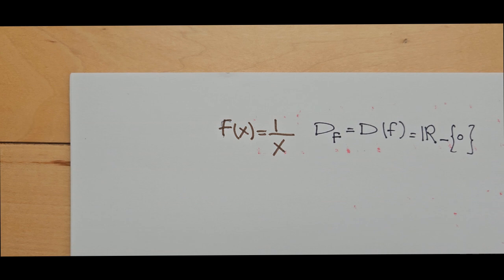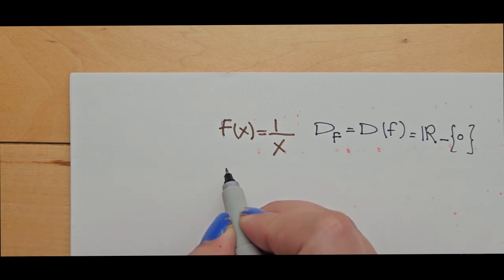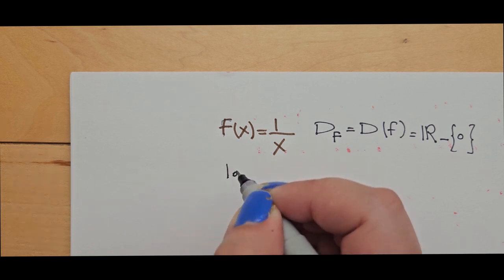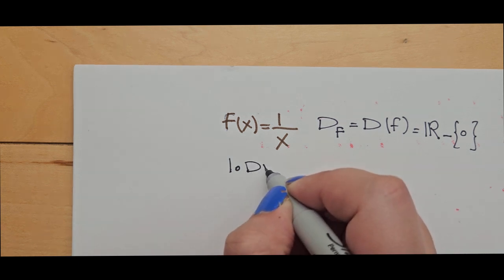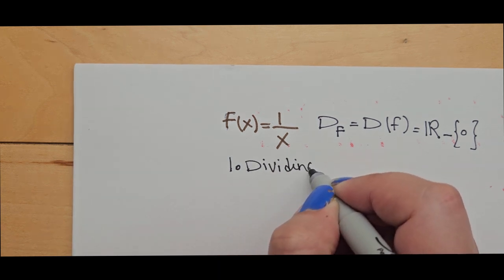If I want to write it as bullet points for you, there are 3 limitations: dividing by 0, negative square root, and negative logs, because you know that the square root can never be of a negative value. And remember the log: we mentioned that there is no such thing as the log of a negative. So let me write it down. There are 3 situations which are not permissible. First of all, the most important one is dividing by 0.